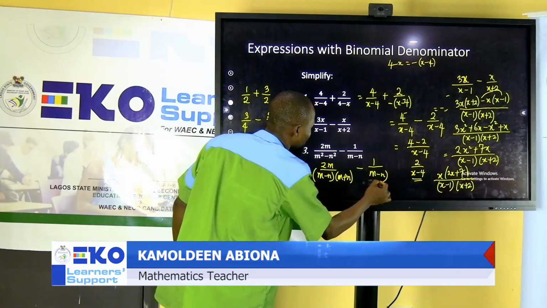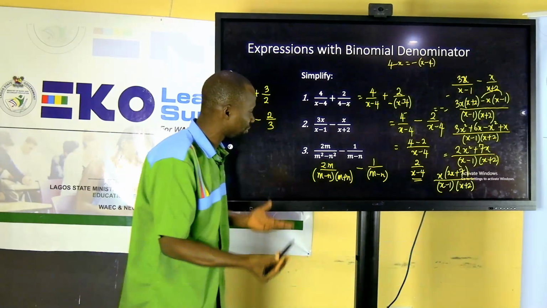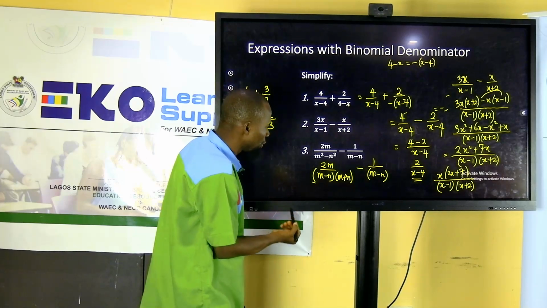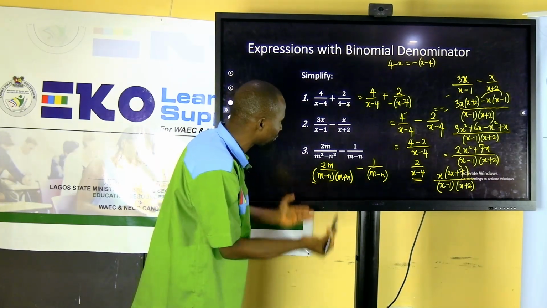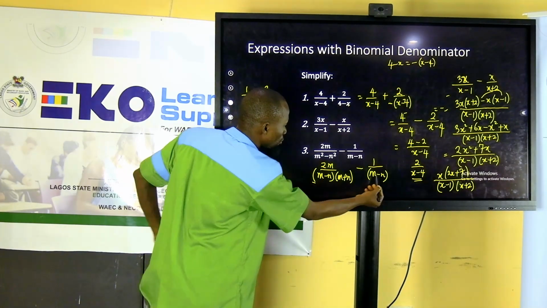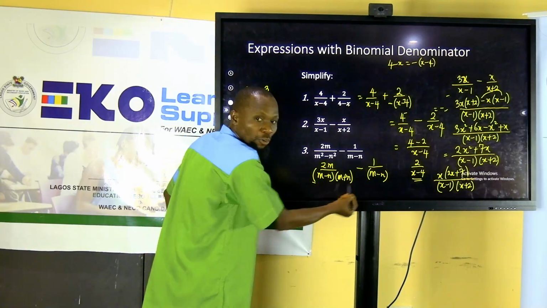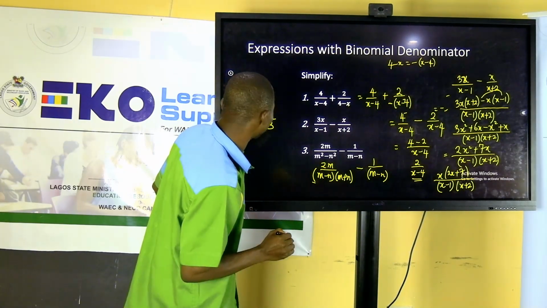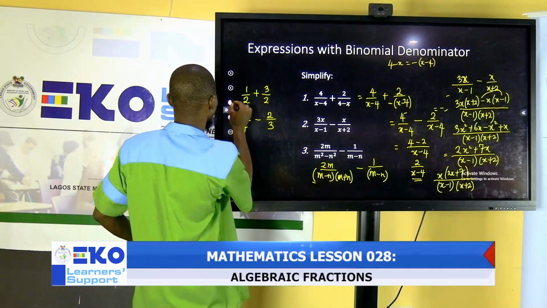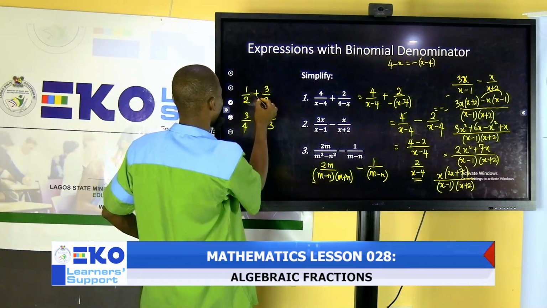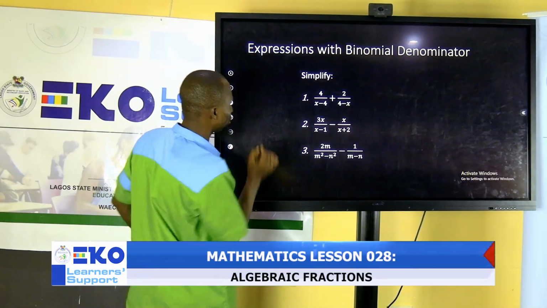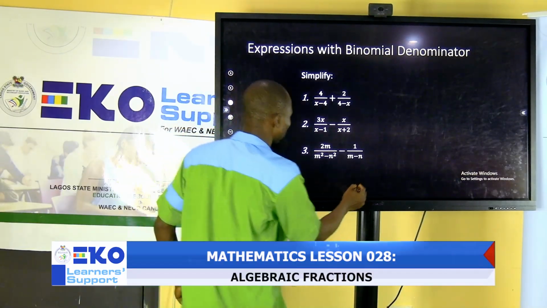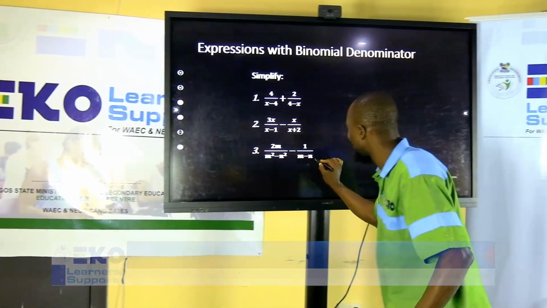So what do you see? Are they the same? They are not the same, but this is repeated here. So it means when you are finding your LCM, you just pick the common one, you don't repeat the common one, multiply by the other. So our LCM here will be, we have said it is repeated.